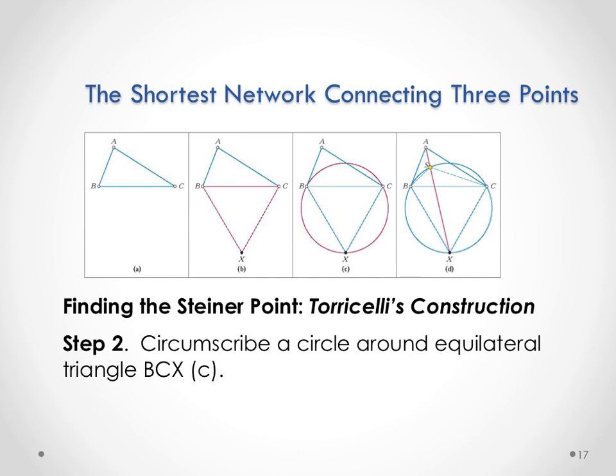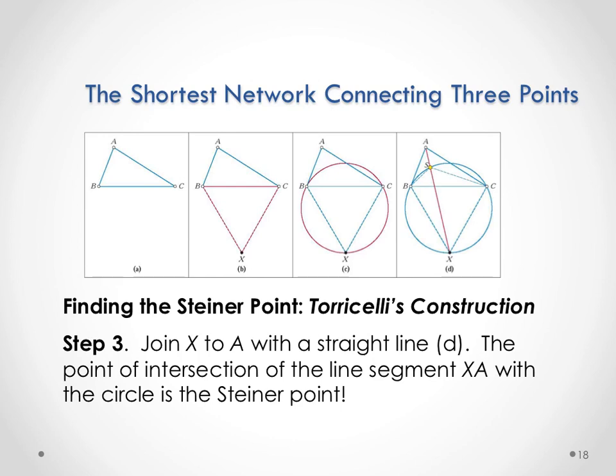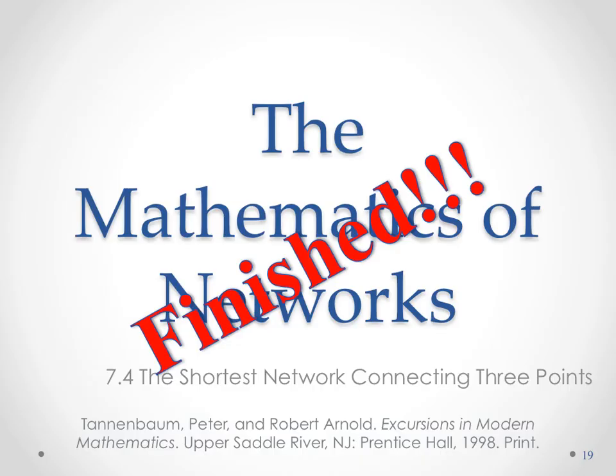That's figure C. So now we've created this circle, and we need to connect A to X with a line, and where that line crosses the circle is the Steiner point. Isn't that fun? Aren't you glad I'm not making you remember this? So now that you know that, this is the end of the chapter.